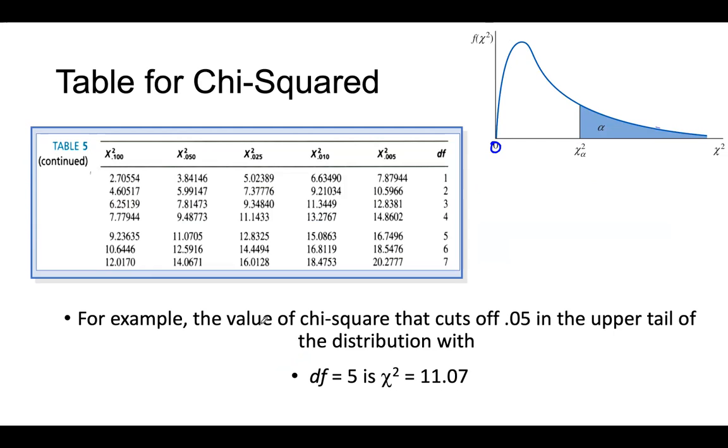For example, the chi-square value that cuts off 0.05 in the upper tail, so let's say this area under the curve is 0.05, at 5 degrees of freedom, is going to be 11.07.